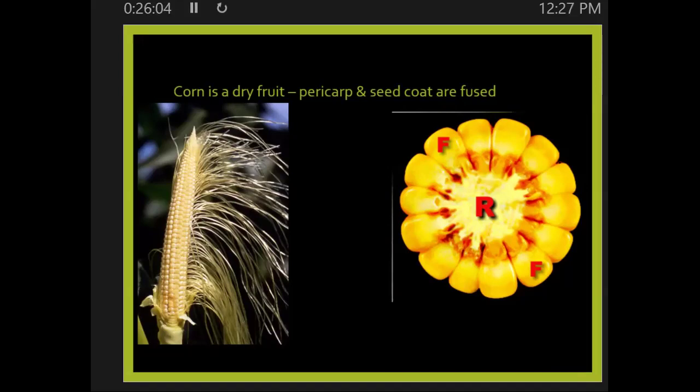It's pretty impressive though that the pollen has to get all the way down that silk and make it to the ovary. You may have noticed if you've eaten corn on the cob, either when you're shucking the corn or eating it, that there are blank spots where no kernels formed. It's usually toward the tip of the corn on the cob, but not always. Sometimes it's dispersed.